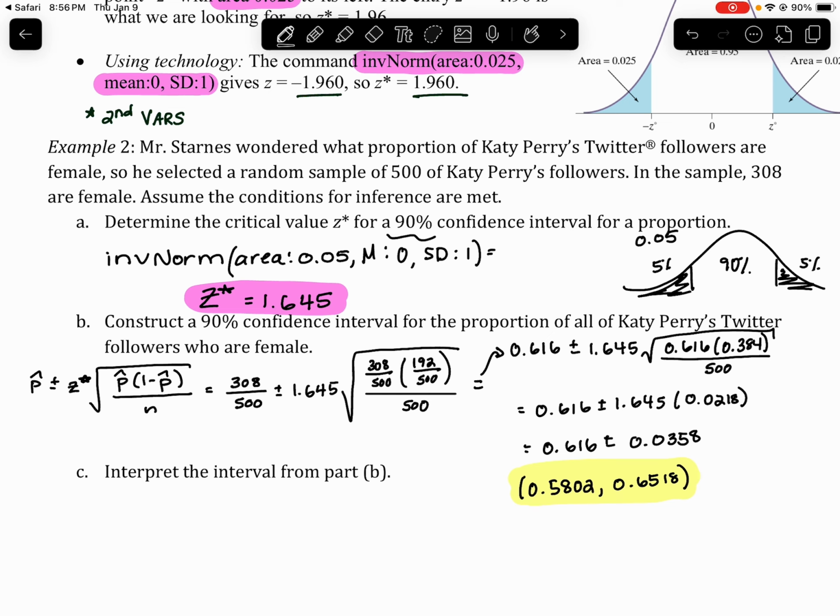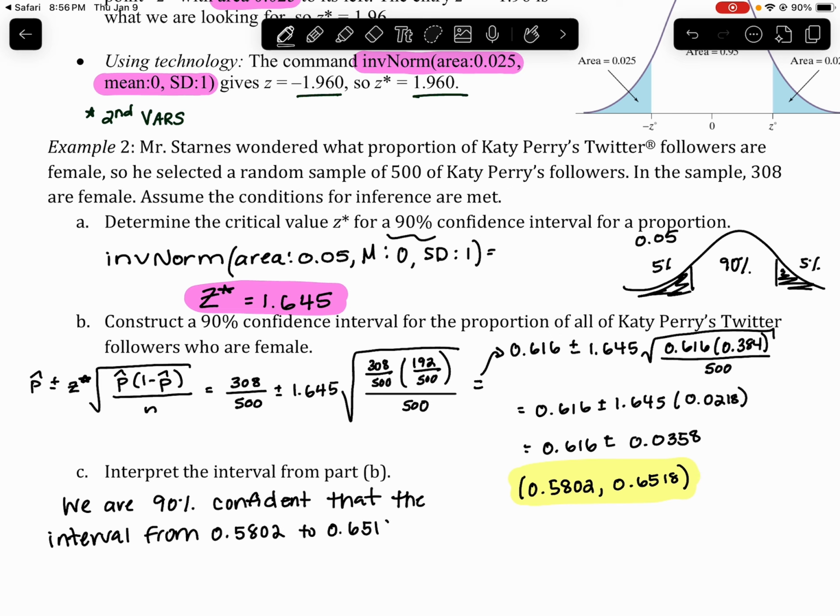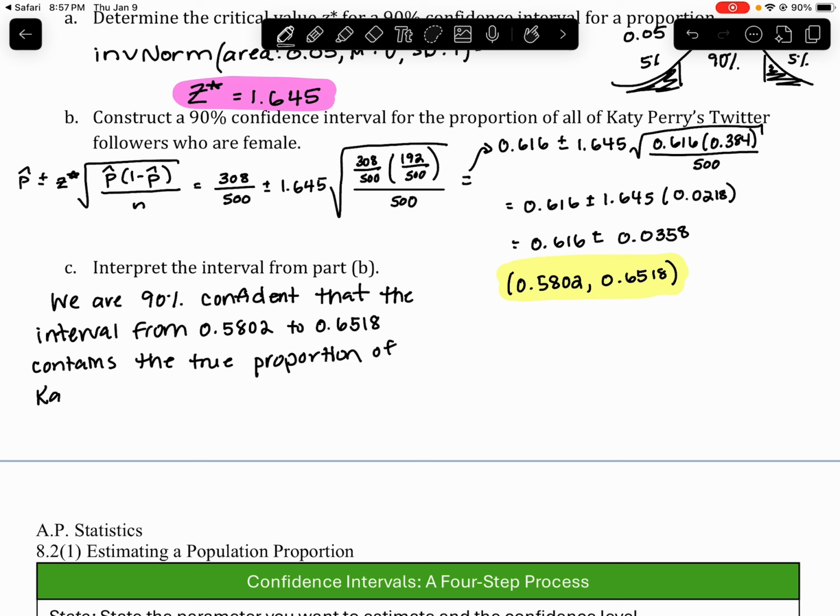They said 90% confidence, so we are 90% confident that the interval, I'll state what that interval is, from 0.5802 to 0.6518 contains the true proportion of Katy Perry's Twitter followers who are female.